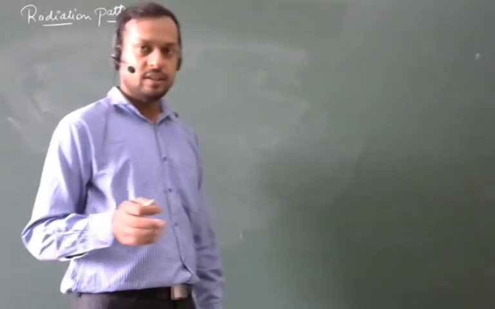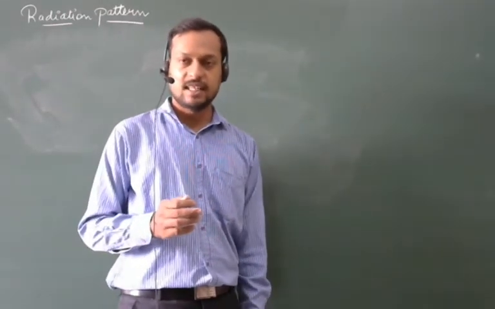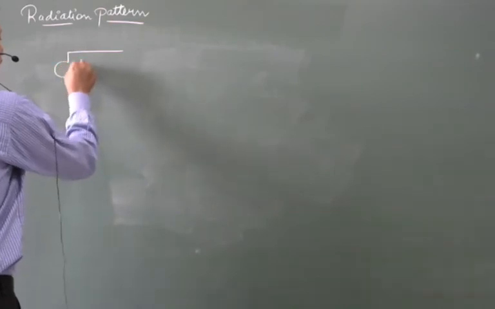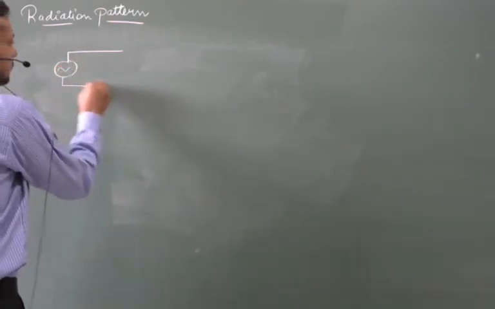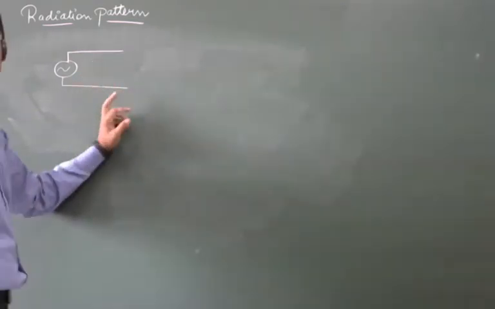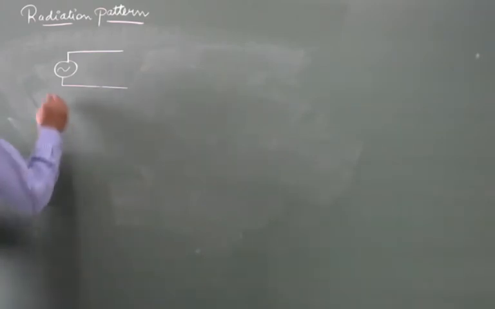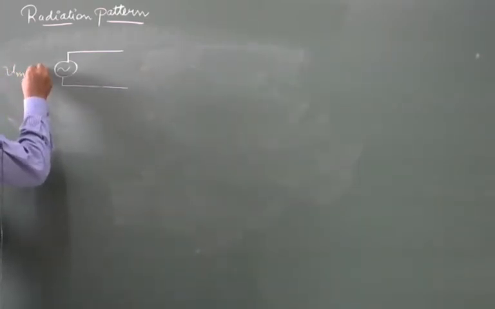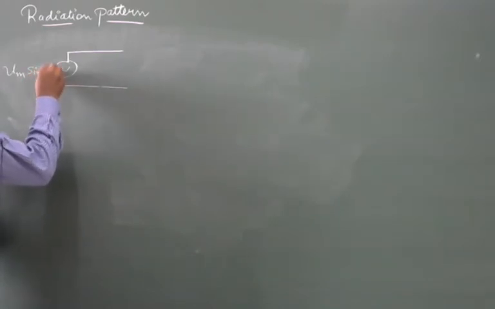So to understand the basics, let us start with some basic network element. We have a circuit like this. This is the conducting wire, which is connected to a time varying potential, that is Vm sine omega t.